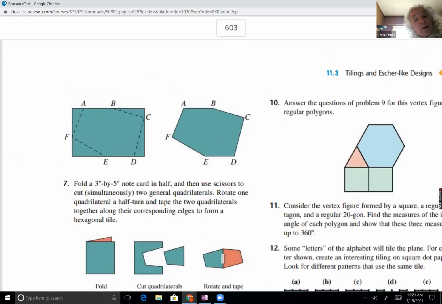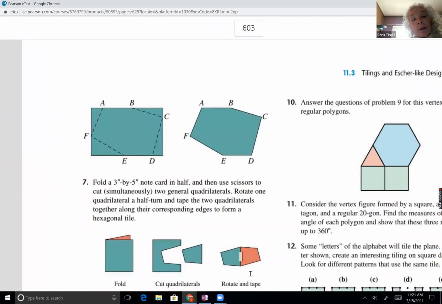So do you see over here when I turn the page, you've got this index card. They want you to use a straight edge to make those lines, and what they want you to make sure of is that whatever length AB is, ED is the same length. You just want to make sure that those two sides have the same length. C and F can go anywhere on those opposite sides.